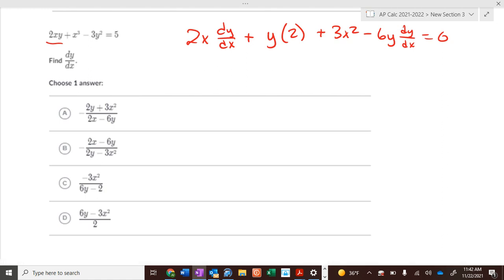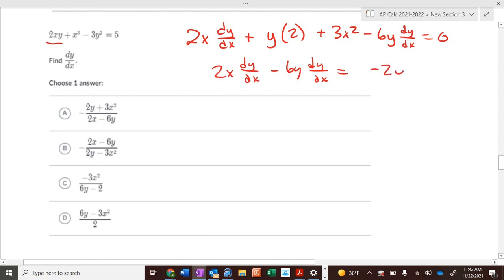Okay? These ones are fun. So 2x dy/dx minus 6y dy/dx equals negative 2y minus 3x squared. And you divide by 2x minus 6y. You have to factor it out and then divide, but I'm just doing that in one step to save time.